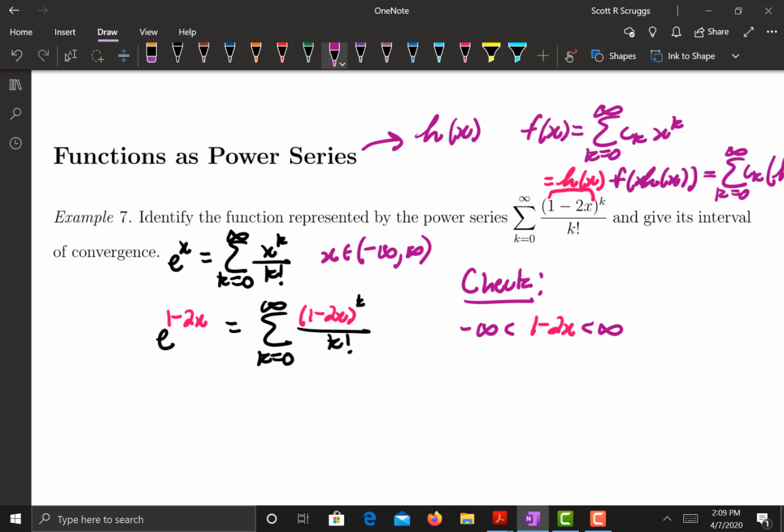only this time I'm going to write that as 1 minus 2x instead of x, because that is what's taking place of x inside here. If I subtract 1 from all sides, we get an inequality. I'll still have negative 2x in the middle of my inequality, but because I have negative and positive infinity, it's not going to change the order of that inequality.